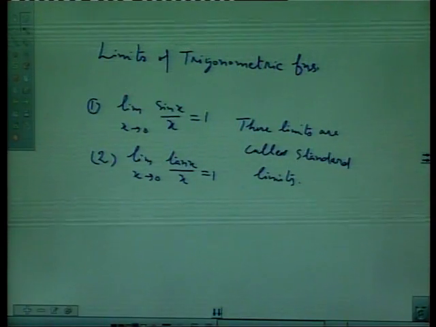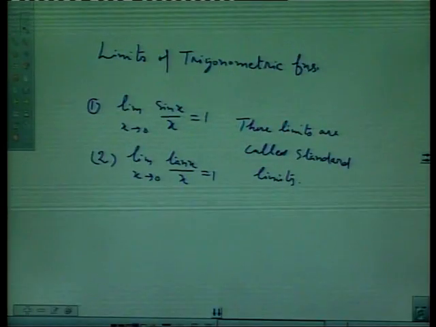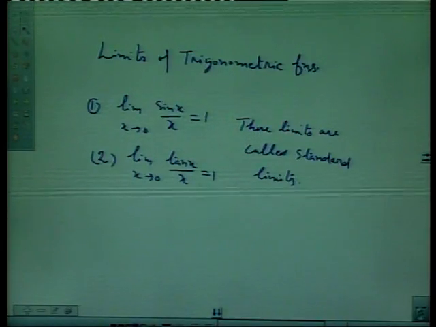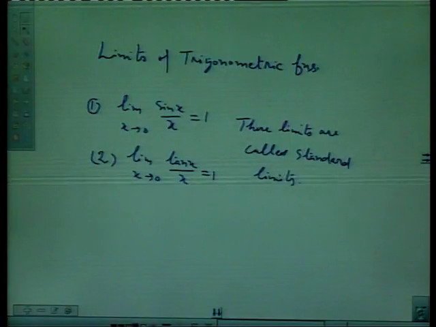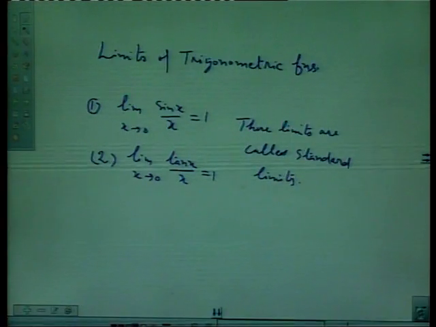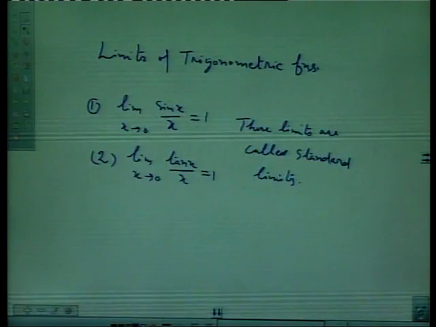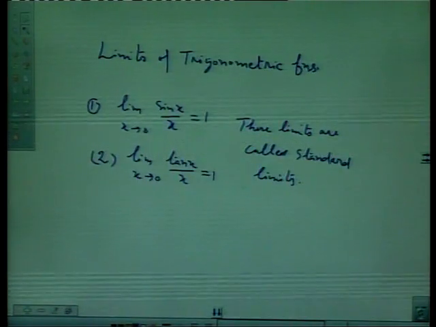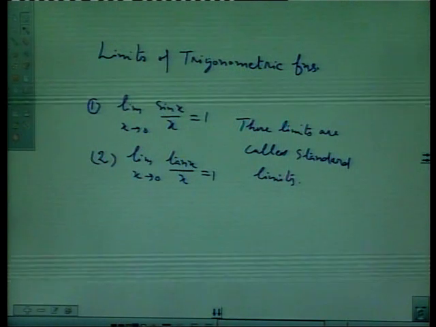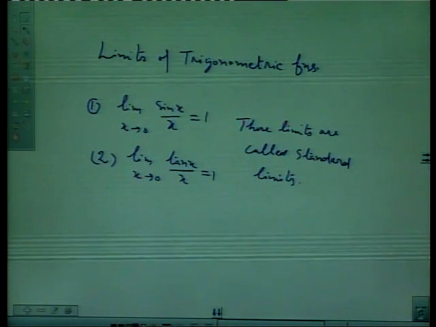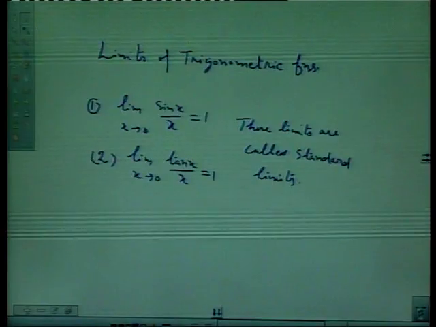Because if we take sin x, sin 0 is 0 upon x, 0 upon 0 is an indeterminate form, but when we take its limit as x approaches 0, it is just approaching 0, it is very nearly equal to 0.